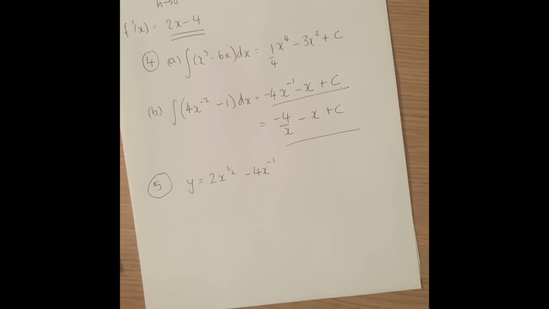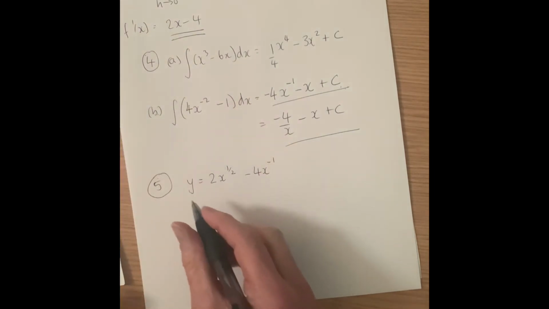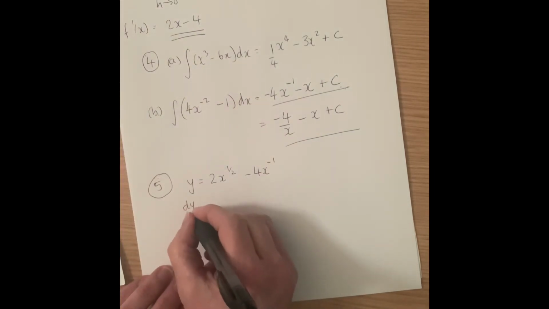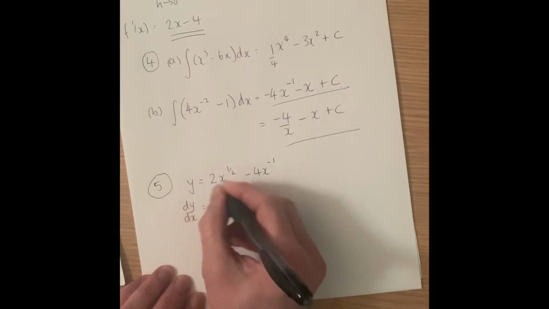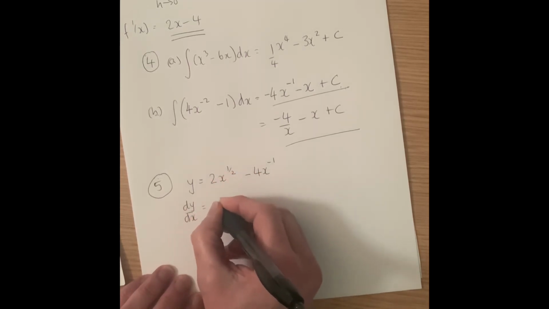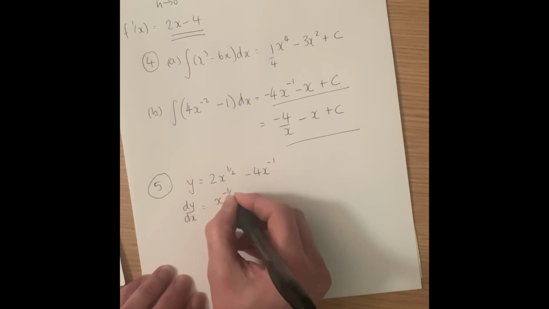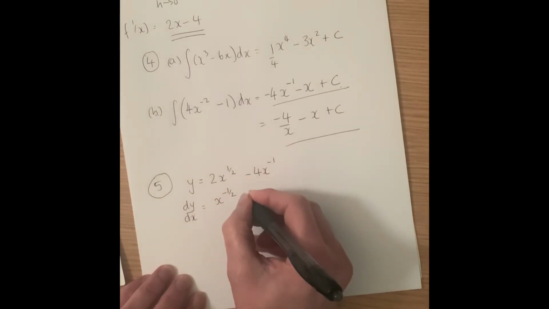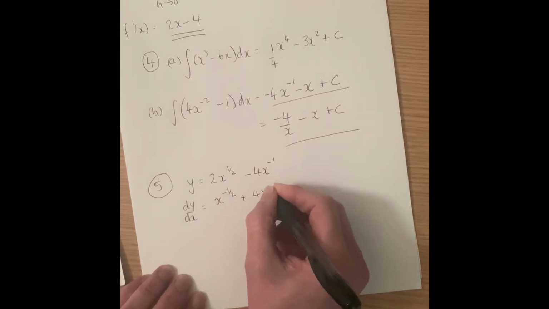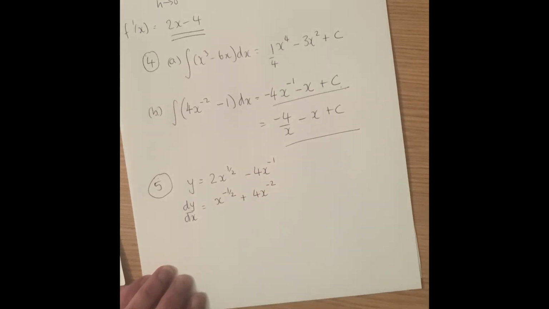But really, we ought to be getting ready for detailed reasoning. So the first thing I'm going to do is differentiate this. So my 2 is going to multiply with my half and make it 1. So x to the minus a half plus 4x to the minus 2. So there's my dy dx.